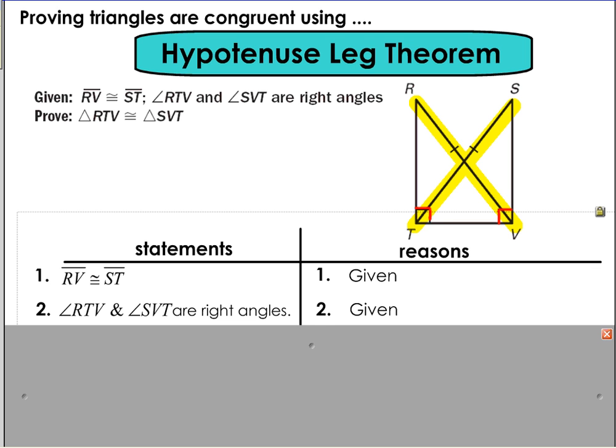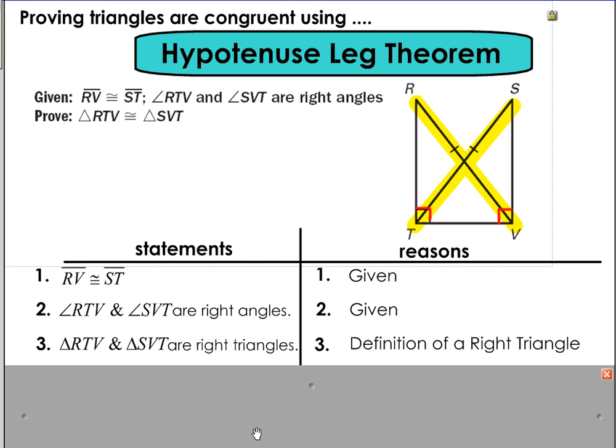Since our hypotenuse-leg theorem only works when we have right triangles, we need to say that since we have right angles, those triangles are right triangles. So we can say that triangle RTV and triangle SVT are right triangles, and the reason we know this is because the definition of a right triangle tells us so.